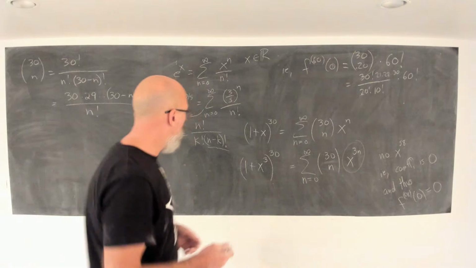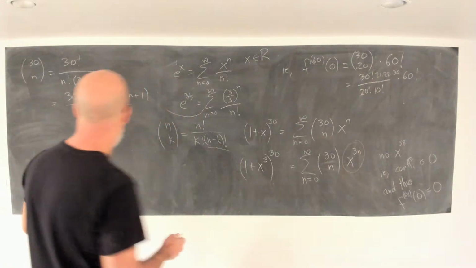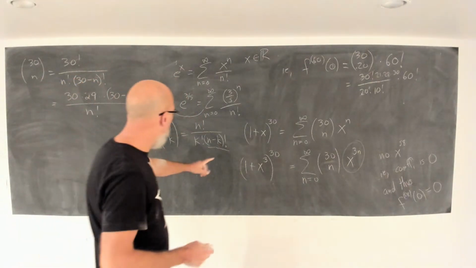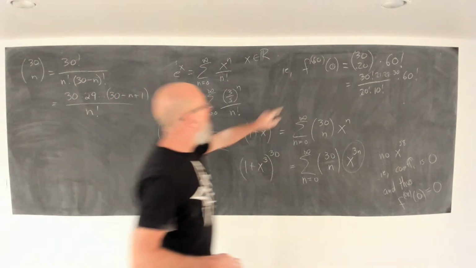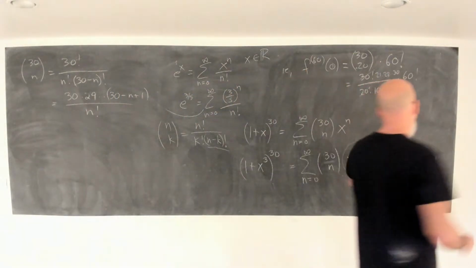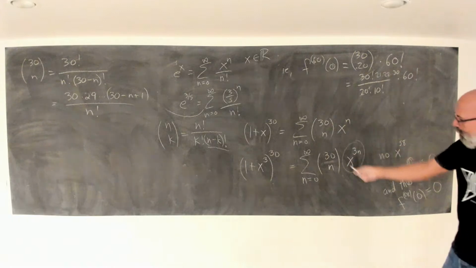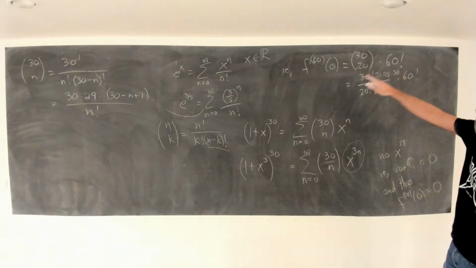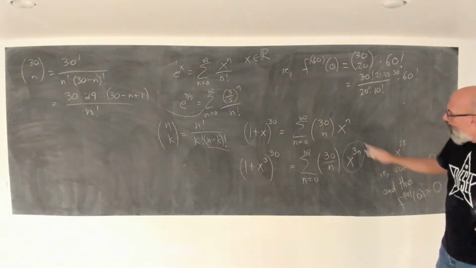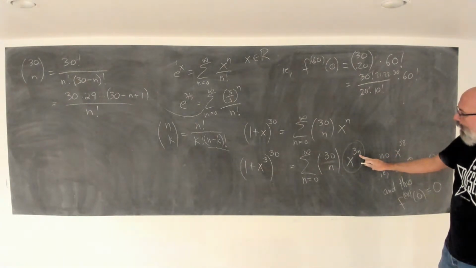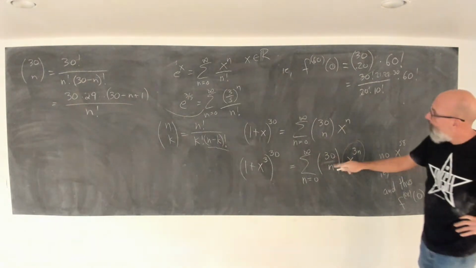So the answer, what answer were we looking for? No. The answer, we had two questions, right? The 58th derivative at 0. Here we concluded it was 0 because we didn't have an x to the 58. And when we looked at the coefficient of x to the 60, that occurs when n is 20.